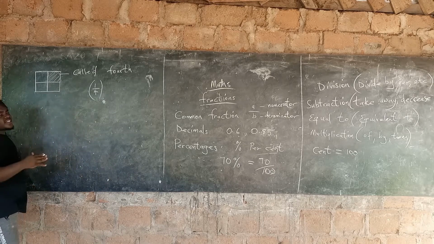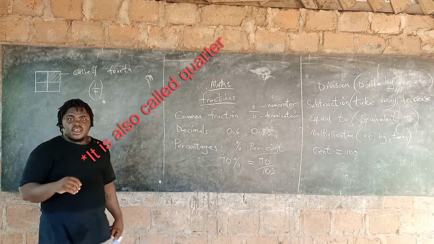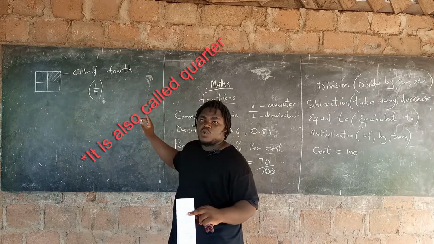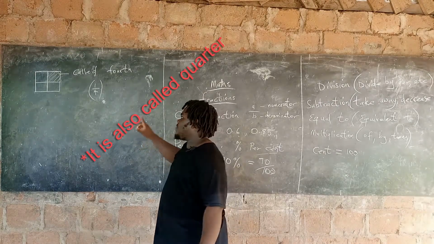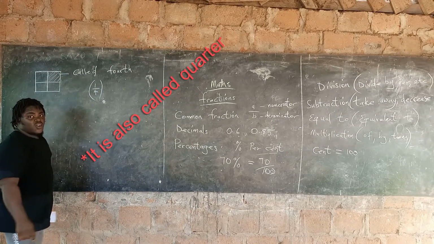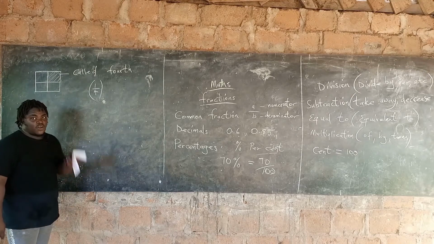One of the parts is called a fourth. Let's say we've divided a biscuit into 4 equal parts. Each part will be called a fourth. And this is how it is written, 1/4.